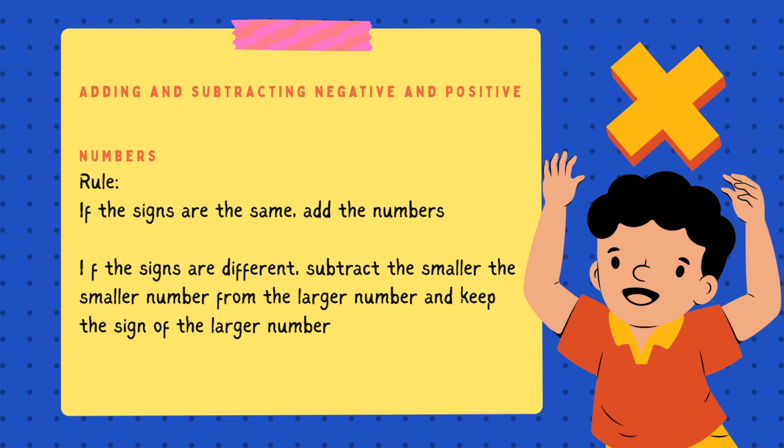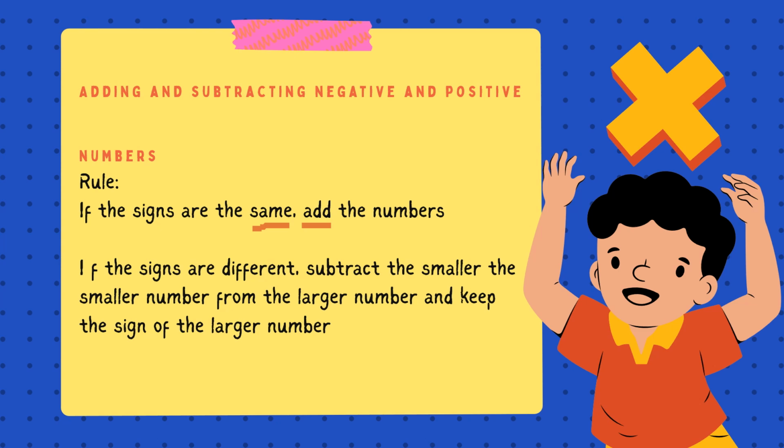Now, adding and subtracting negative and positive numbers. Rule: if the signs are the same, you add the numbers. Repeat, if the signs are the same, you add the numbers, right? Same, add.